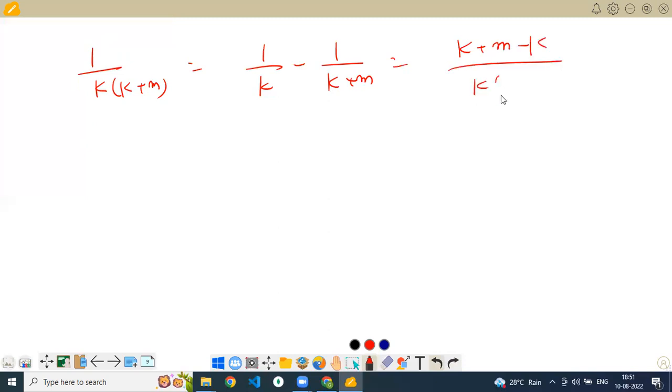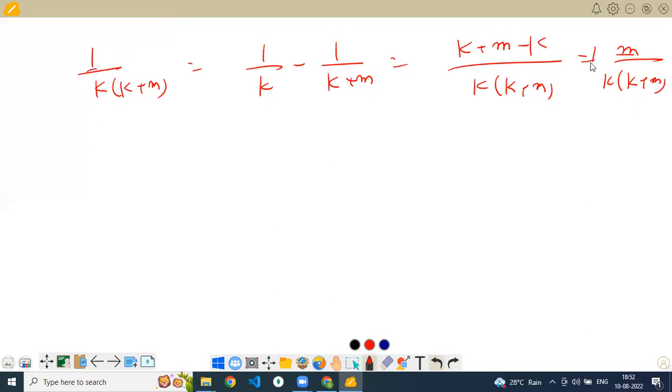Then if I say 1 upon k into k plus m, what will happen is if I say 1 upon k minus 1 upon k plus m, then this will be k plus m minus k divided by k into k plus m. So this is equal to m upon k into k plus m. But here m is coming, there was no m here.